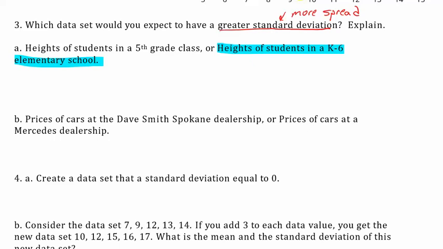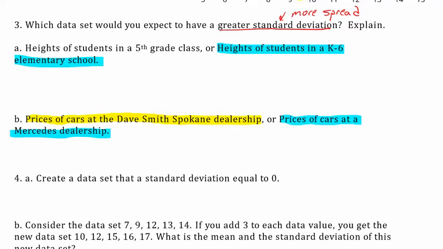All right, let's go to B. Which would you expect to have a greater standard deviation? The prices of cars at a Dave Smith Spokane dealership or the prices of cars at a Mercedes dealership? I don't know much about the price of Mercedes. That's not my driving thing. But I think the idea here is maybe at Dave Smith, there's more than one type of car.